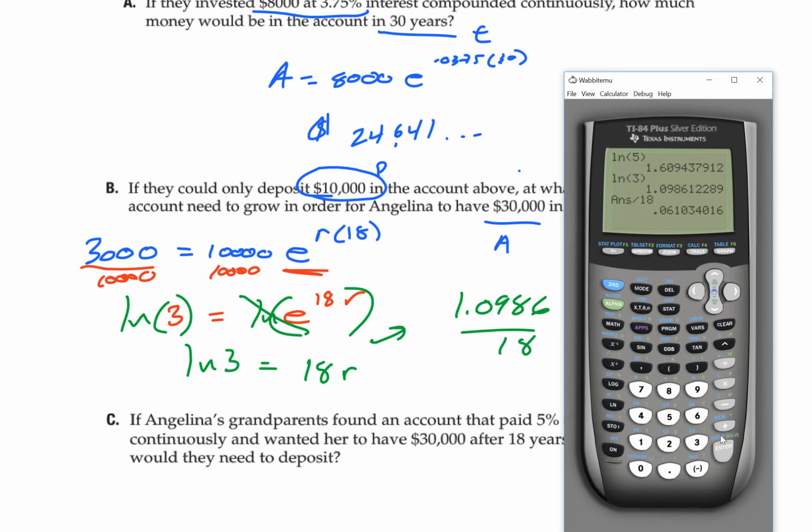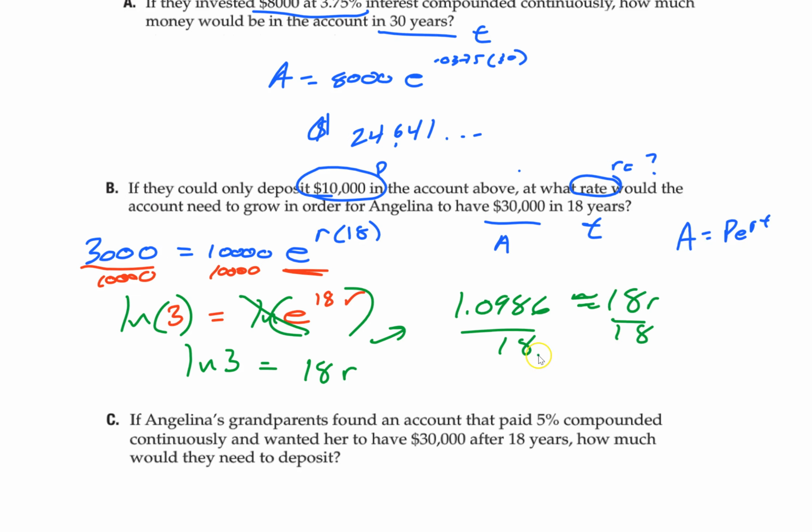Hit enter, and I get about 0.06103. So 0.06103 is about my R. So my rate would be about 6.1%. This is the rate I need to make 30 grand by the end of 18 years.